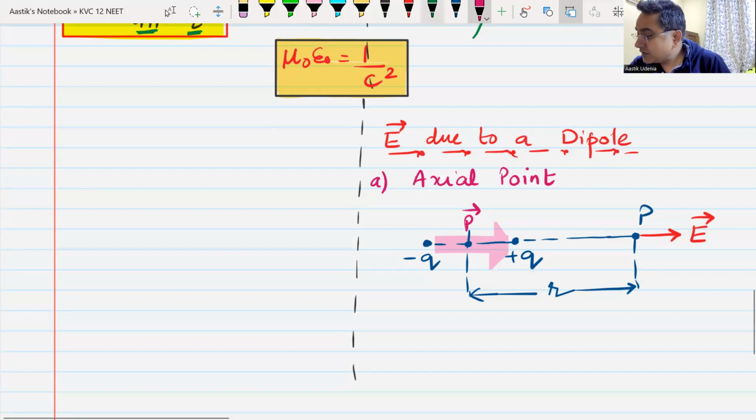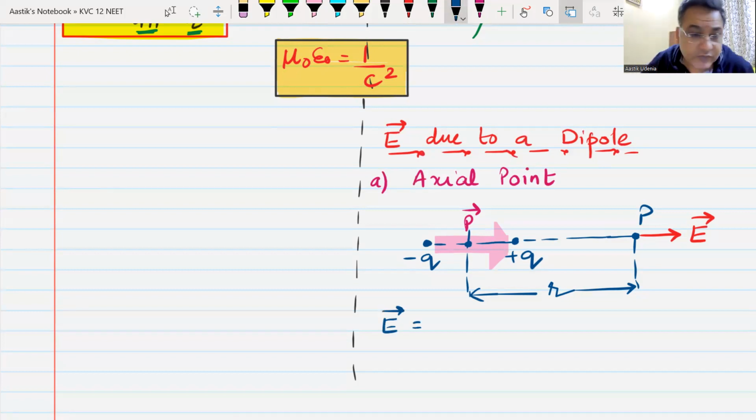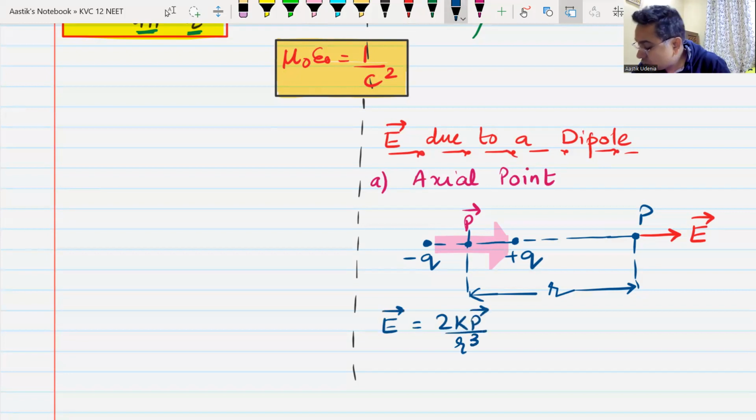The electric field due to this dipole, if I write it vectorly, was 2 times k into p vector by r cube. K was 1 by 4 pi epsilon naught, so it becomes 1 by 2 pi epsilon naught, p vector, which is the dipole moment, divided by r cube.